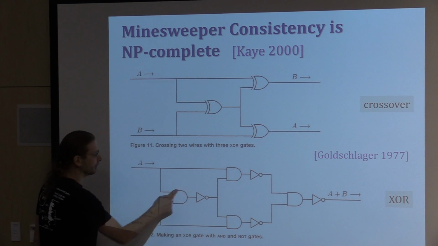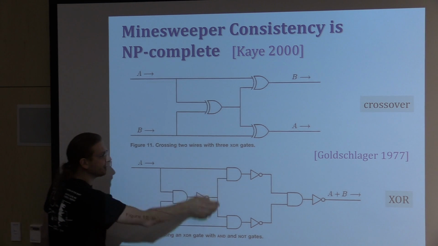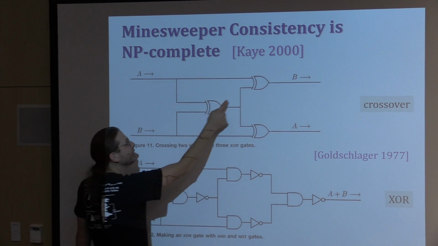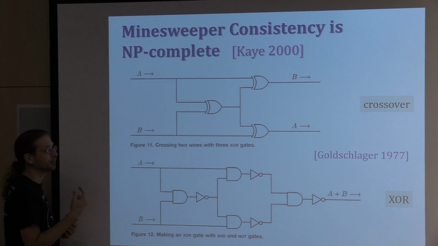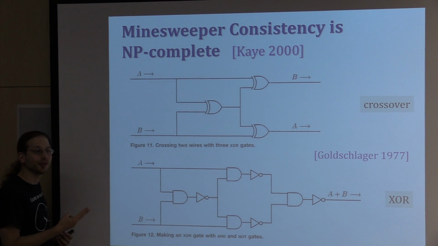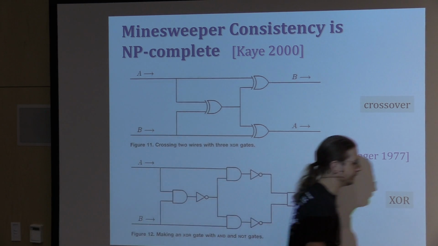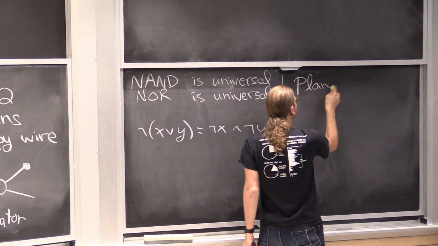This is a funny way of writing NAND, not of an AND. And if you have NAND gadgets, you can construct an XOR. So if you plug this picture into each of these 3 pictures, you get a kind of ugly thing, but it's planar, and it implements a crossover, which means if you have NAND, you get planarity for free. Okay, so I'm going to call this planar circuit set.